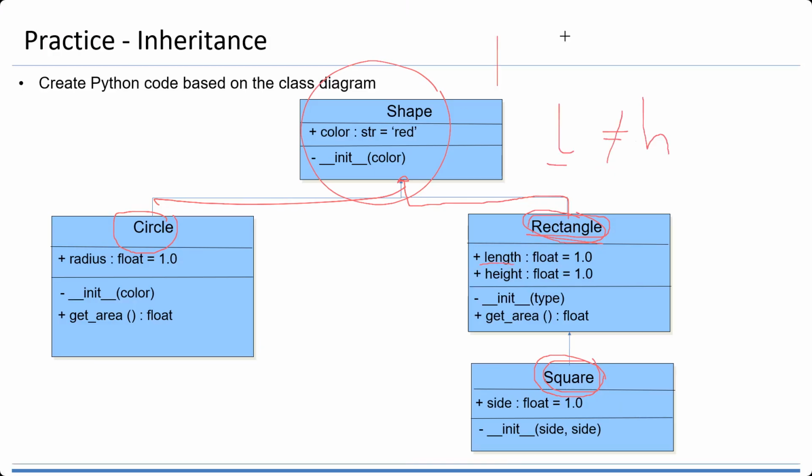Okay, so this is rectangle, but how to calculate the area is the same as square. The difference is only that the square has the same length and height. For rectangle, they are not the same. So you need to define the length and the height differently. Meanwhile, for the square, you will have the length and the height equal.